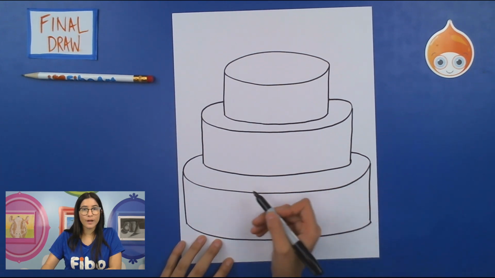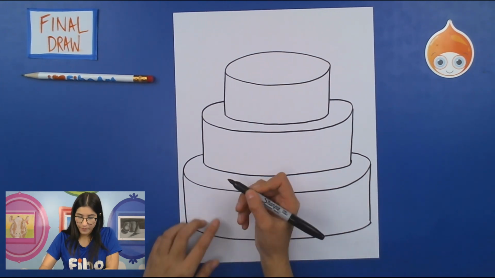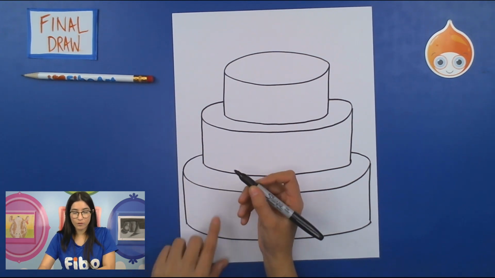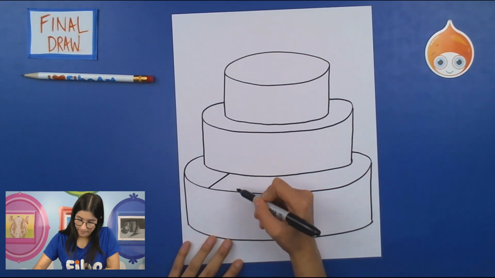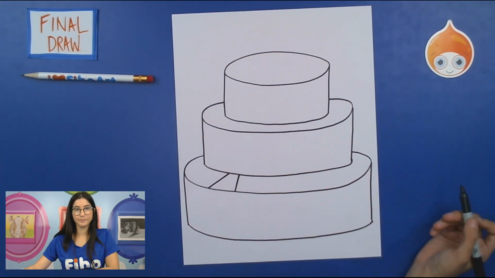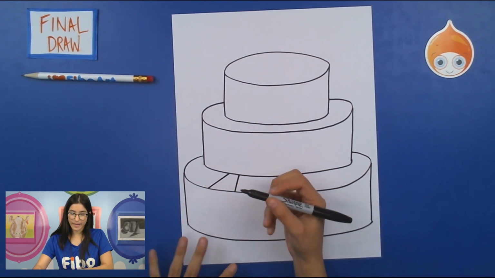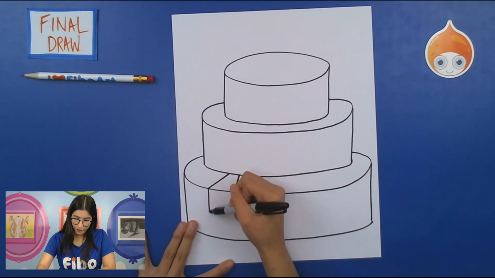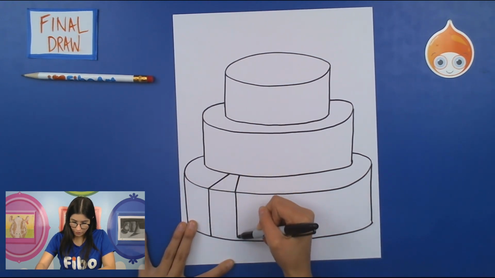So wherever you want that slice of cake to be taken out, you're just going to go ahead and draw a triangle from the bottom oval, that last layer, like a little triangle. And then following wherever those lines are, on the front of the cake on that last layer, you're just going to draw 2 lines that come down, straight.